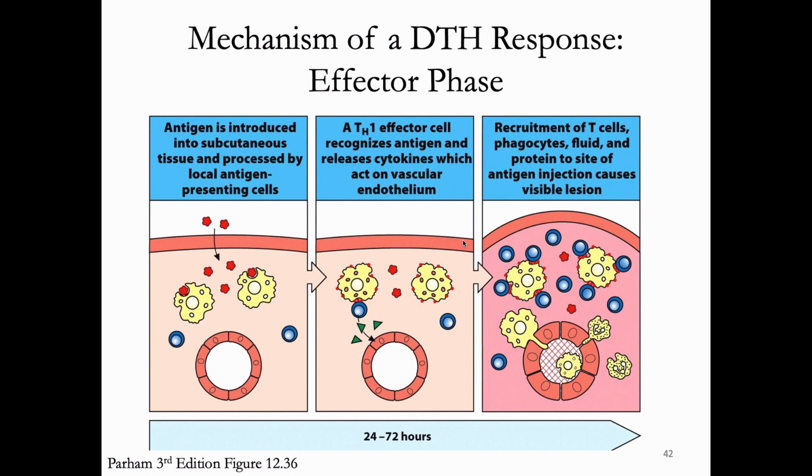That trafficking of the antigen to the lymph node, T cell activation, and T cell return to the site of antigen exposure itself takes around 72 hours. And so that's why we usually think of this as being about a 72-hour process.